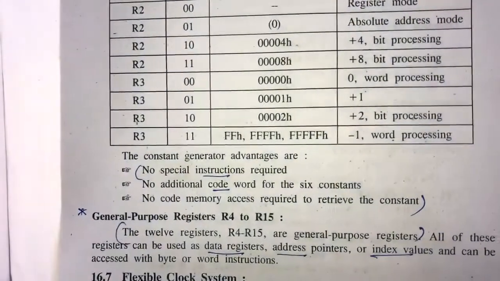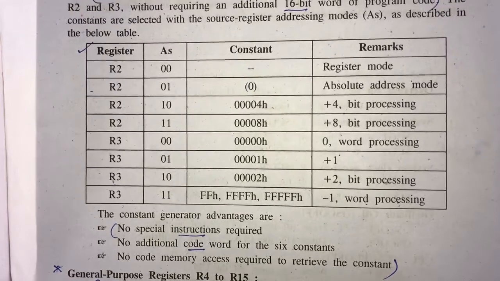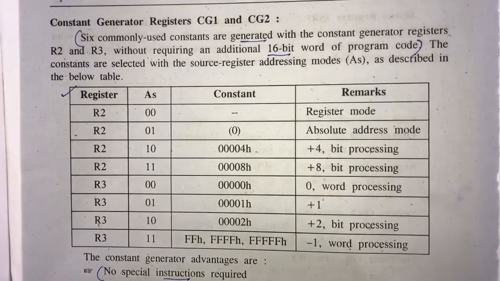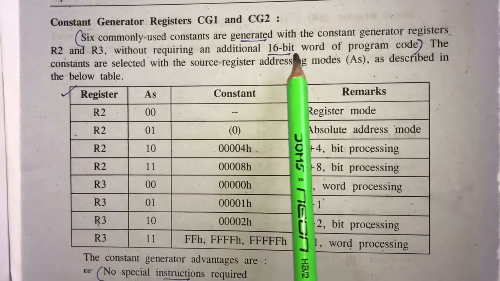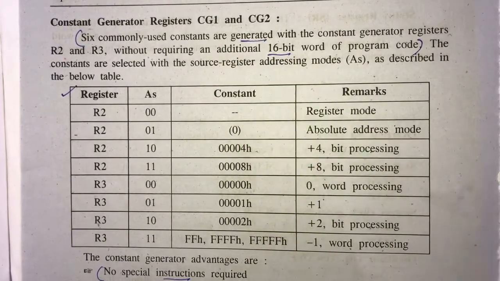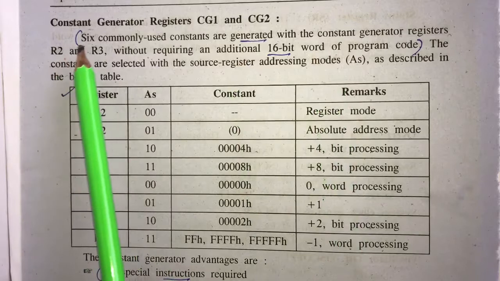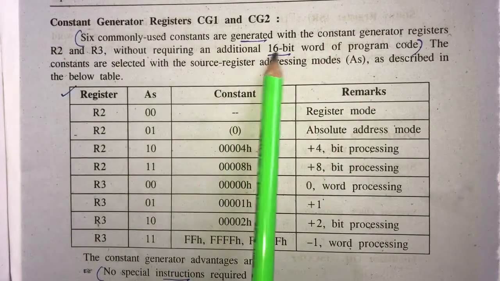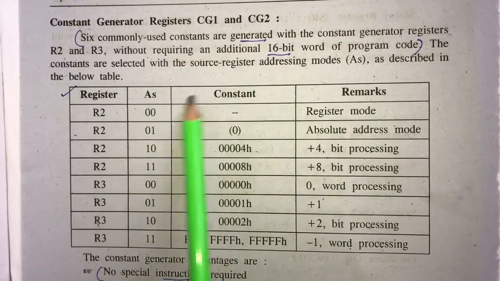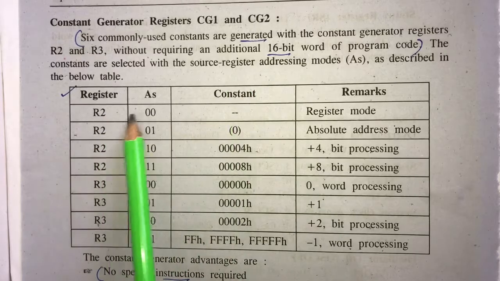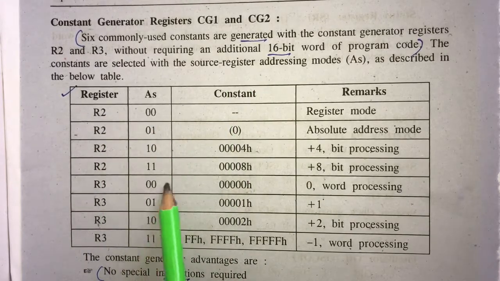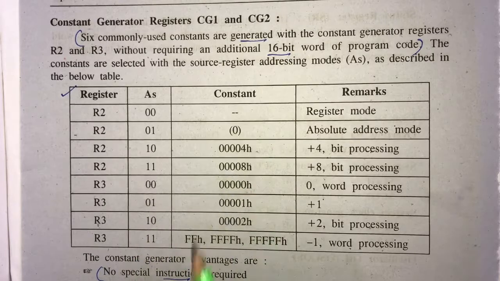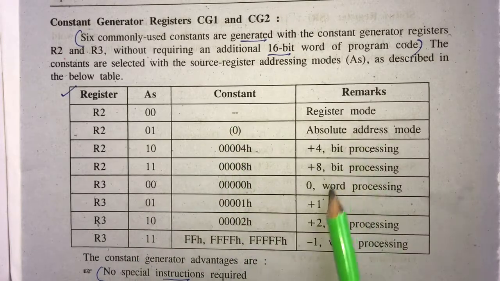Next we have the constant generator register, that is CG1 and CG2. So 6 commonly used constants are generated with the constant generator register, that is R2 and R3, without requiring an additional 16 bits. So the combination of R2 and R3 is used. In R2 the possibilities are 0001 1011, in R3 again 0001 1011, with different constants and different remarks.